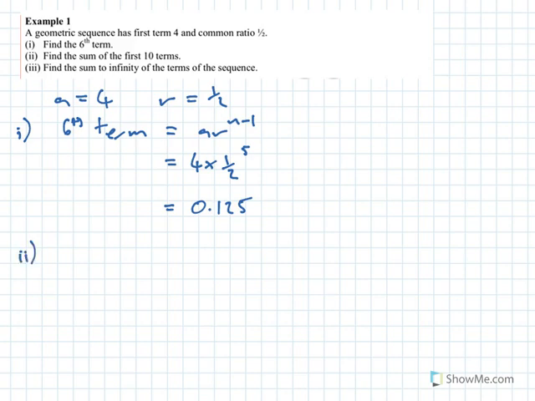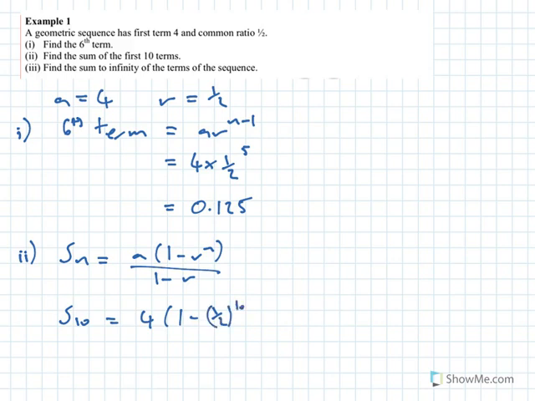Okay, let's have a look at part 2. Find the sum of the first 10 terms. Sn is equal to a times 1 minus r to the n over 1 minus r. I want the 10th term, so I'm going to write S10 is equal to 4 times 1 minus a half to the power of 10.